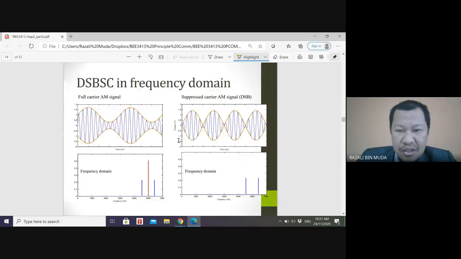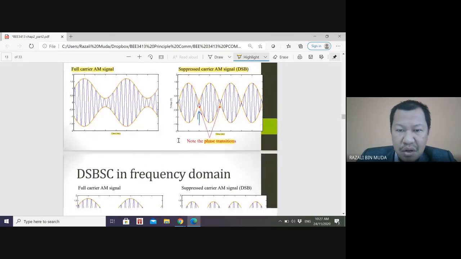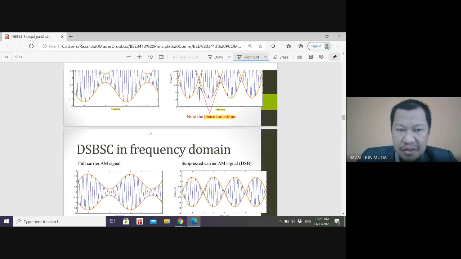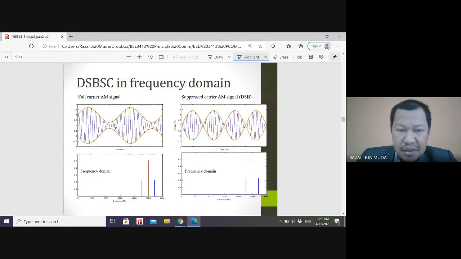However, this time domain signal shows just a minor or small change. If you look at a glance, you might not see the difference. Almost the same, but this part is quite different.